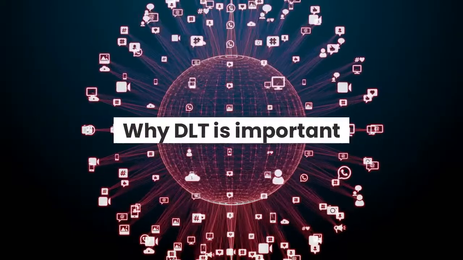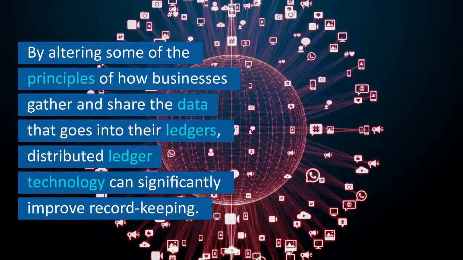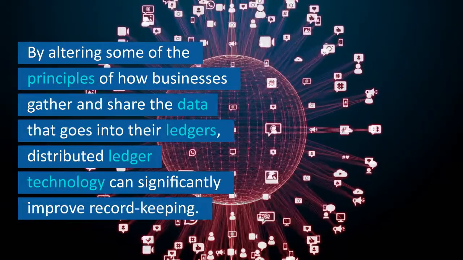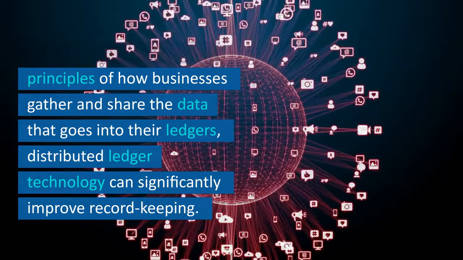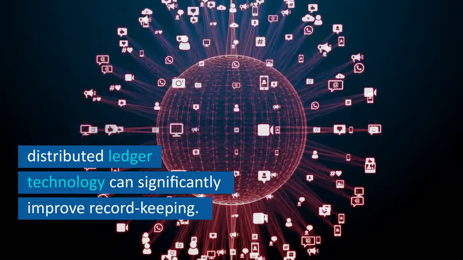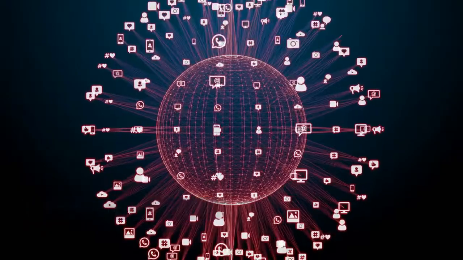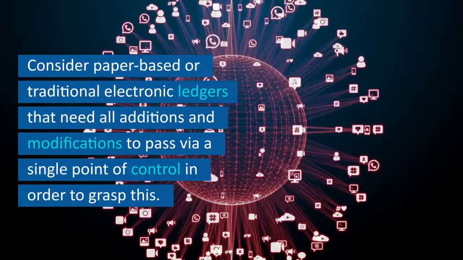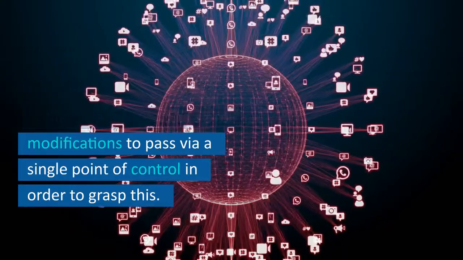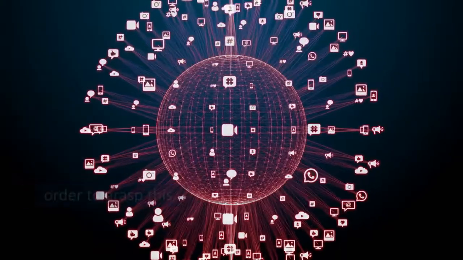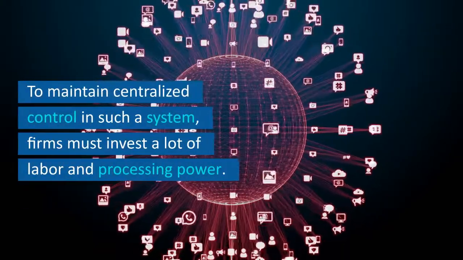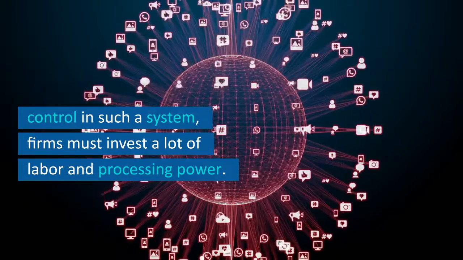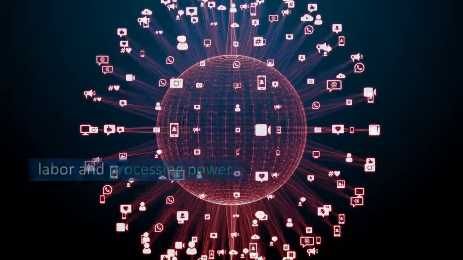Why is DLT important? By altering some of the principles of how businesses gather and share the data that goes into their ledgers, distributed ledger technology can significantly improve record-keeping. Consider paper-based or traditional electronic ledgers that need all additions and modifications to pass via a single point of control in order to grasp this. To maintain centralized control in such a system, firms must invest a lot of labor and processing power.